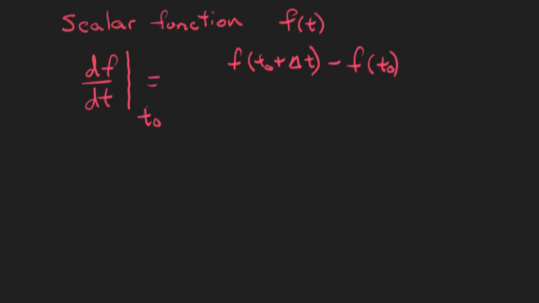Think of that as the current time. And then we're going to take this and divide it by that change in time. And there's a limit in this process, right? We want to take the limit as delta t goes to 0, right? We don't want to look at the change in f over a really long time, but rather just something barely into the future. So this will give us an instantaneous rate of change.